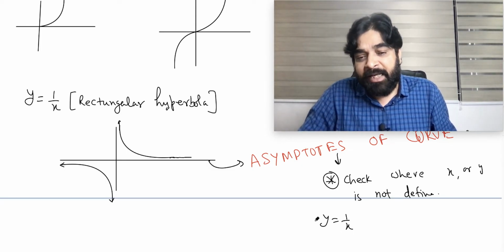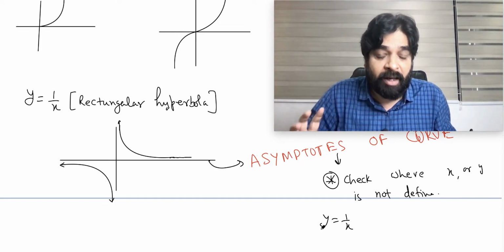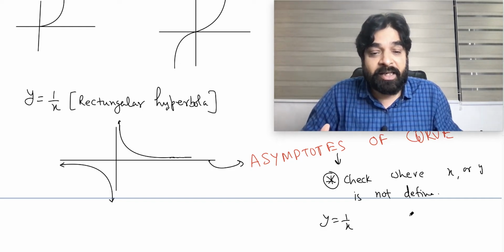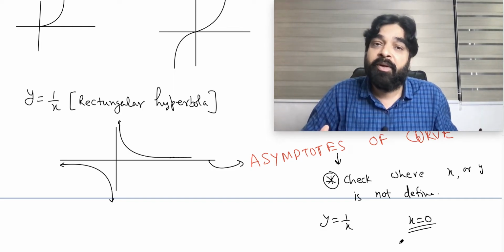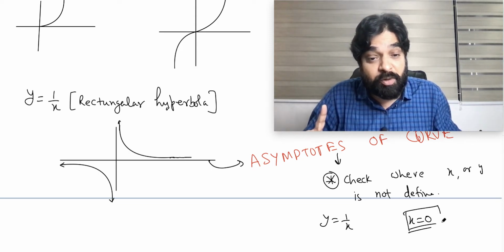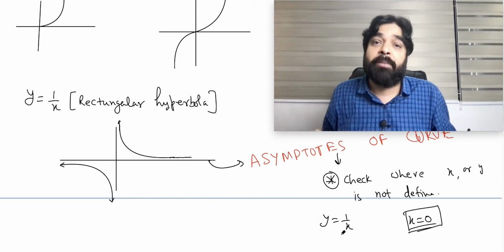Check: is it possible that y can be not defined? Yes, when x equals 0, y becomes not defined. So x equals 0 is an asymptote of this curve.